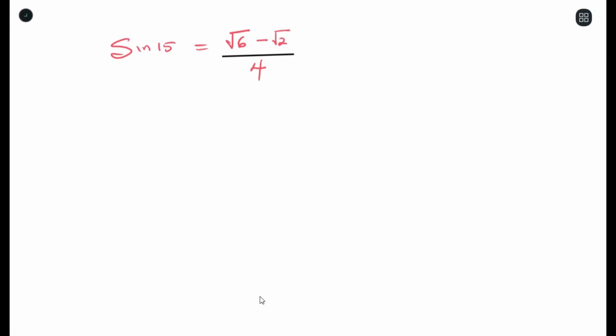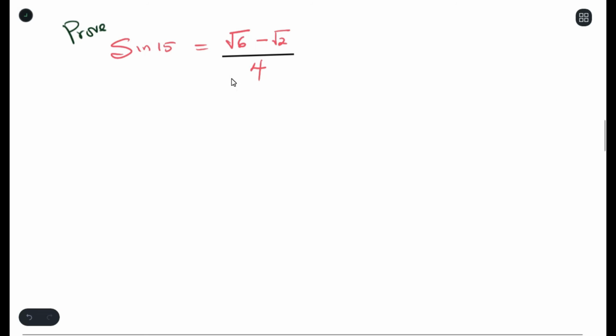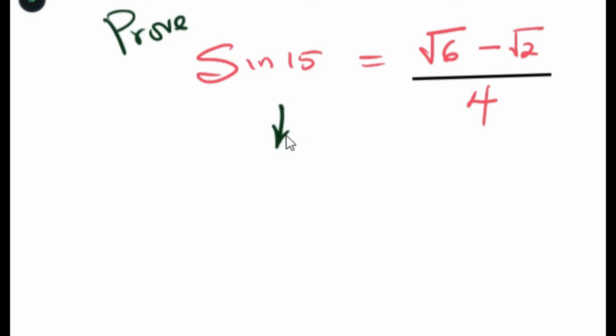So we have this question over here. It says prove that sine 15 is equal to (root 6 minus root 2) over 4. Like we said before, we are allowed to create our own compound identities. We understand that 15 could be rewritten as 45 minus 30, and could also be rewritten as 60 minus 45.